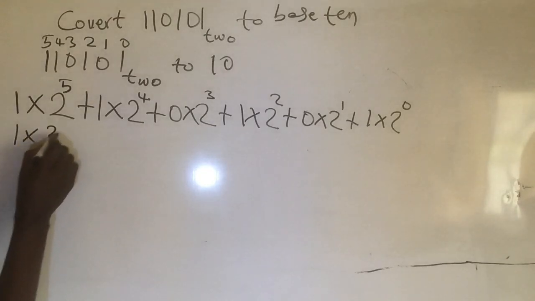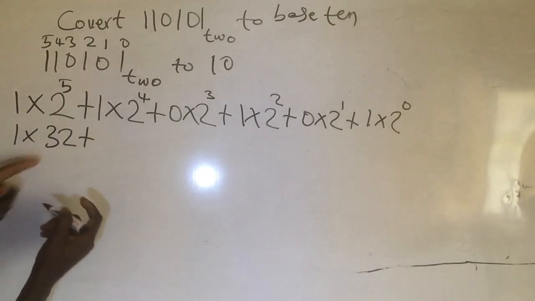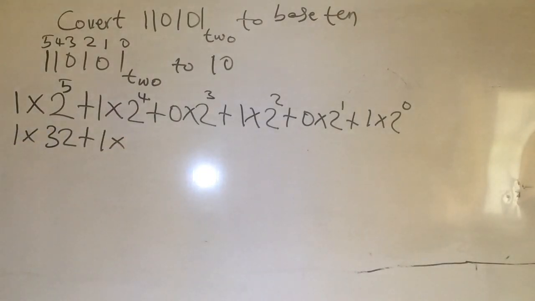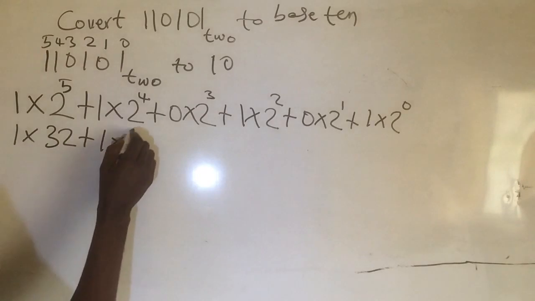The value is 32, plus 1 times 2 raised to power 4. That means 2 times itself four times, and after that we get 16.